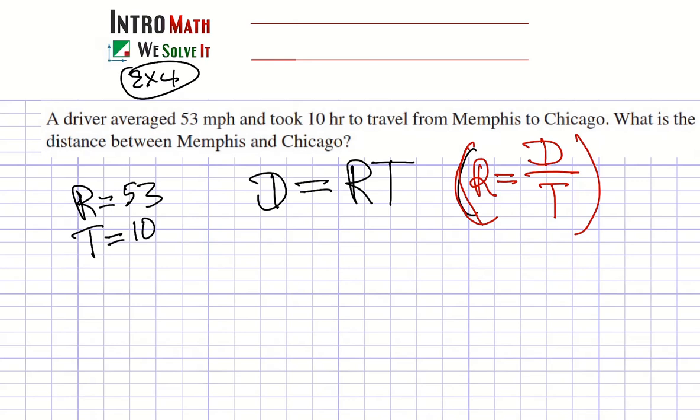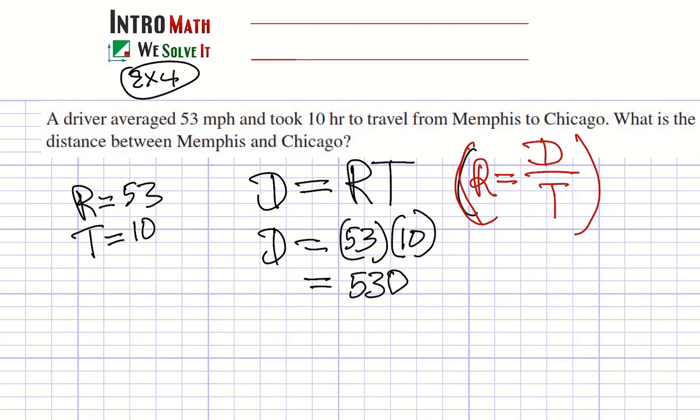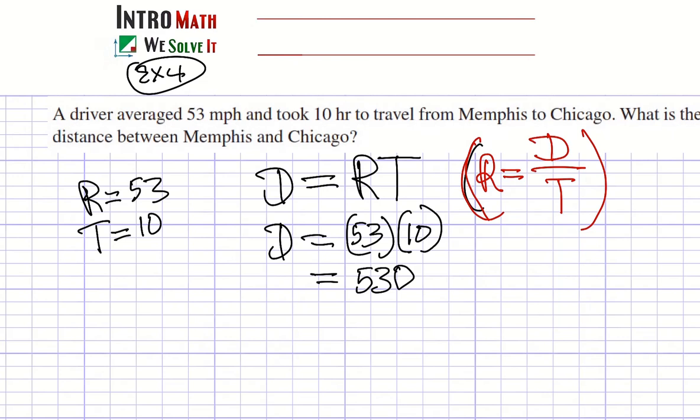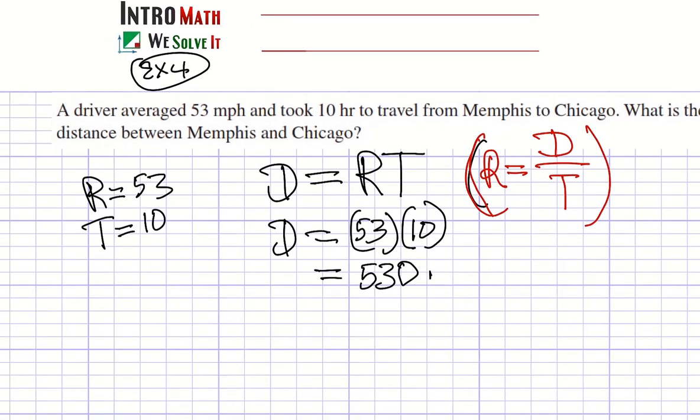You just put it in this equation. You have the distance equal to 53 times 10, okay? And that would be 530. This will be miles, okay?